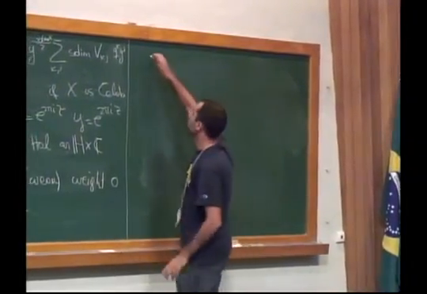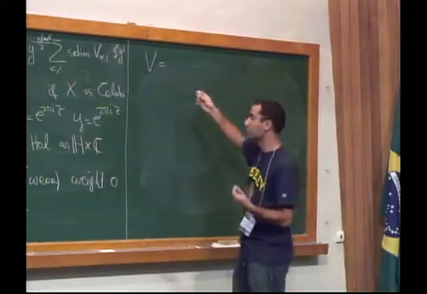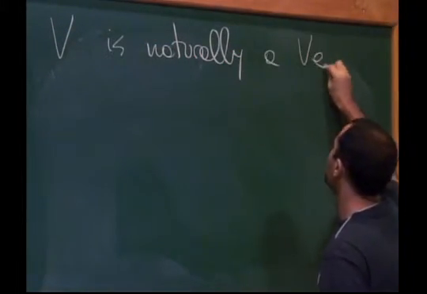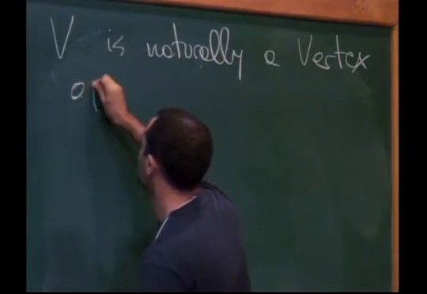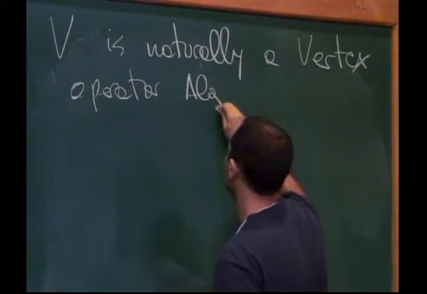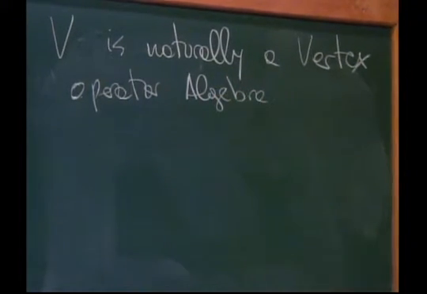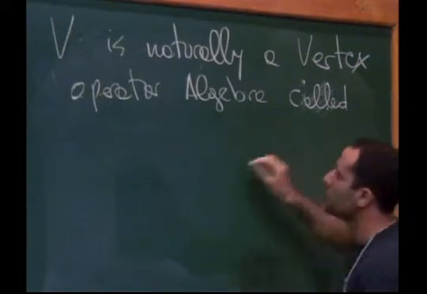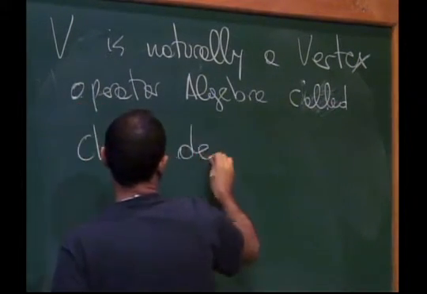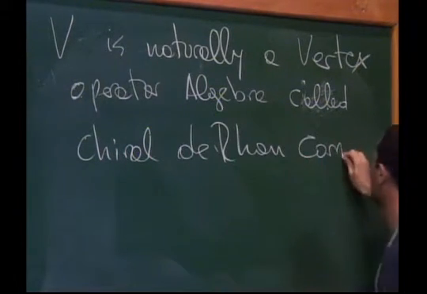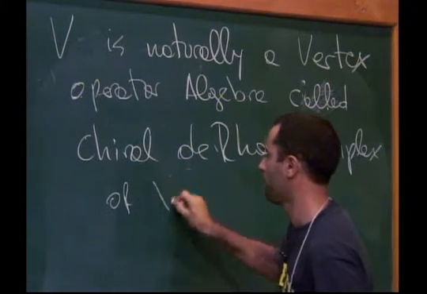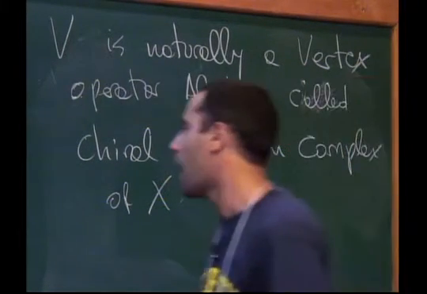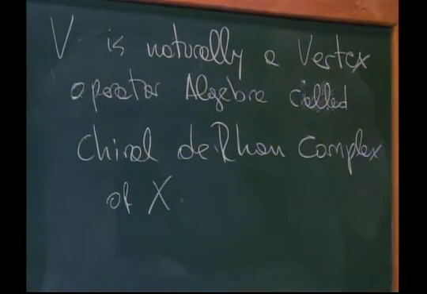Actually, I'll mention this. V, and I'll say exactly the statement in a second, is naturally a vertex operator algebra, called the chiral de Rham complex of X. This is a vertex operator algebra that Malikov, Schechtman, and Vaintrob introduced for any smooth manifold, and in particular it has this as a vector space.